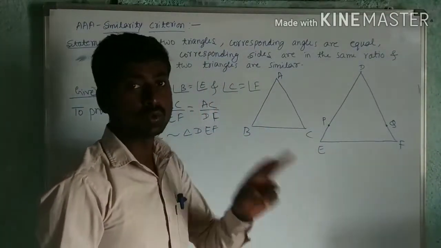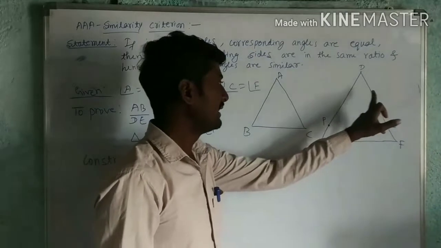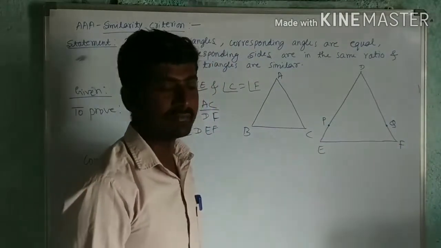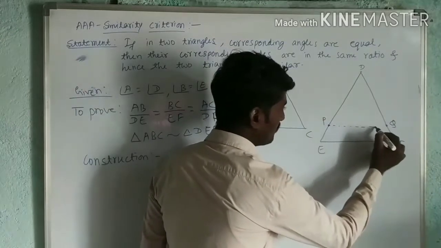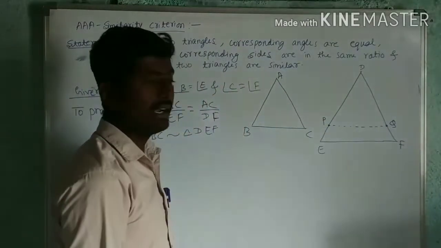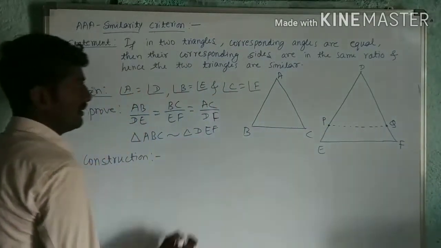In that way I have to choose two points on DE and DF. Now let us join these first. So I joined PQ.